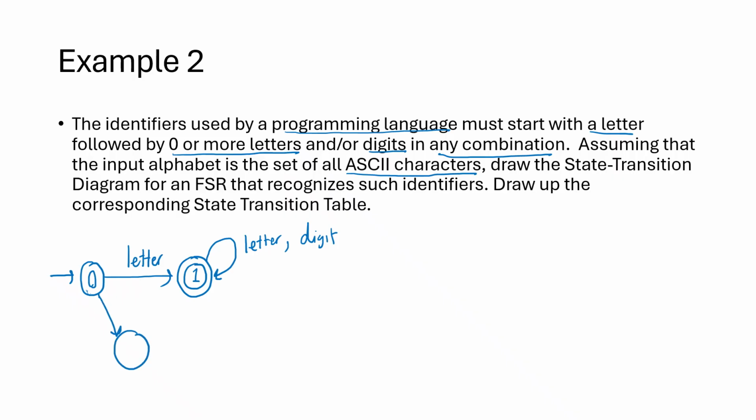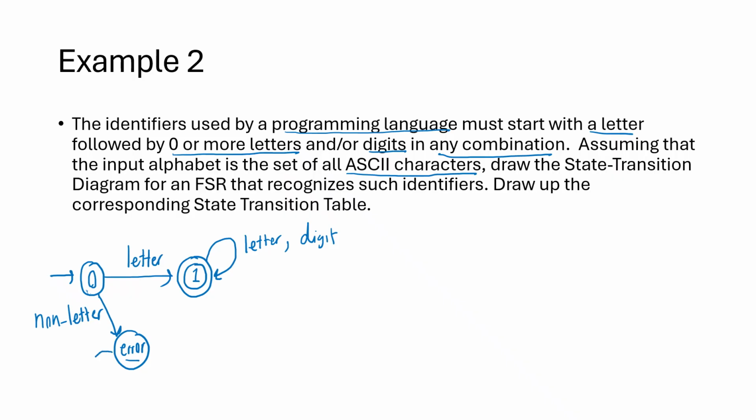Okay, so you can call it state number 2 or something, but I call it state error because if you get here, and in this case, we get there if we see a non-letter symbol at the beginning as the first symbol in our input stream. Now, the idea of an error state is if you get here, your input stream is doomed to be rejected, no matter what follows.